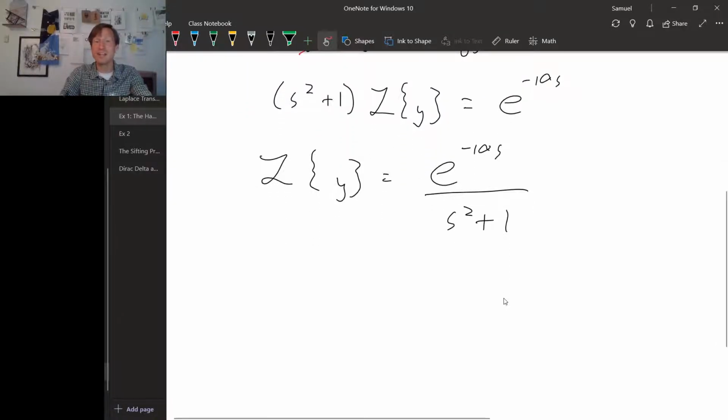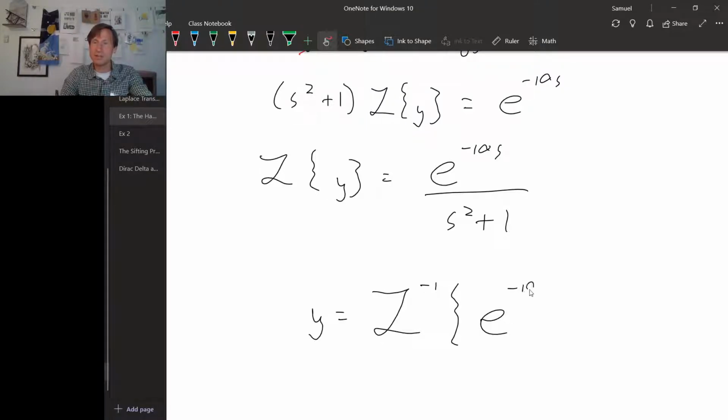And now we need to find an inverse transform. So hitting both sides with the inverse Laplace transform, we get y equals the inverse transform of e to the minus 10s over s squared plus 1.